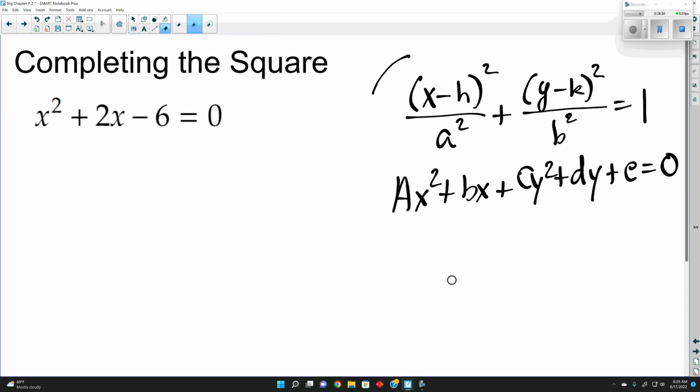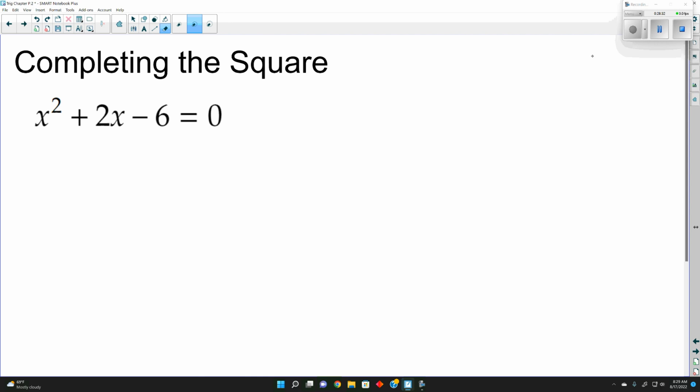But when we go over this later in the semester, and when I say later, I mean we're talking into November, December, the last chapter. It's good to know. And it's probably been a while since you did completing the square. Most of the time when we do completing the square, y'all do it once or twice. You get to see it.